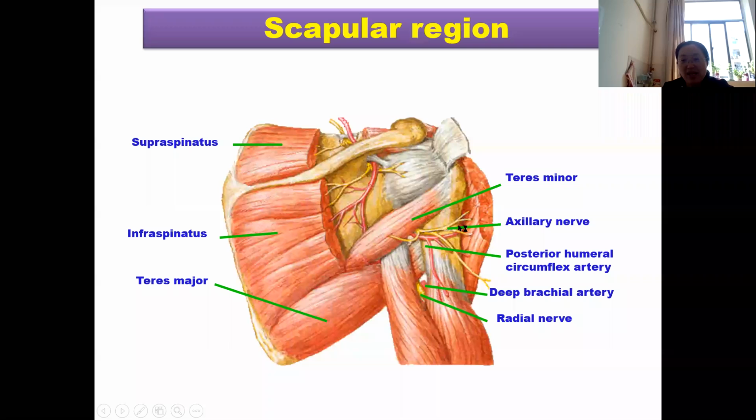The axillary nerve and posterior humeral circumflex artery pass through. And on the medial side, the teres minor, teres major, and long head of triceps brachii form another space, the trilateral space, through which the circumflex scapular artery passes. And at the lower margin, the radial nerve and deep brachial artery pass through this region to the posterior region of the arm. Okay.